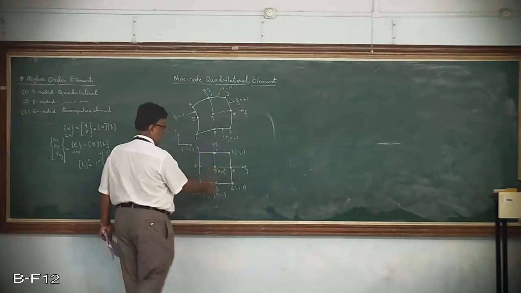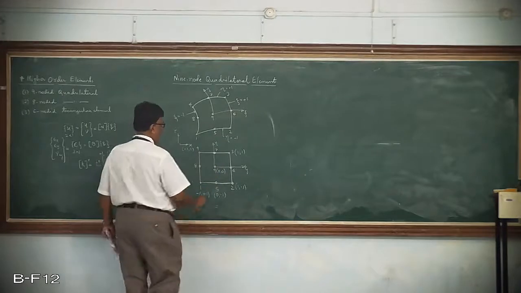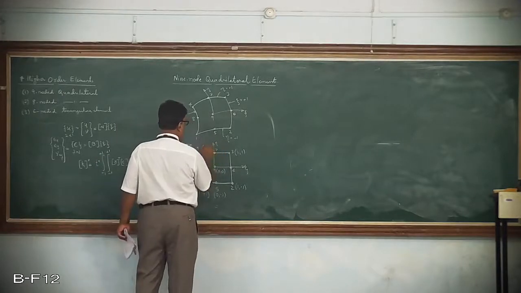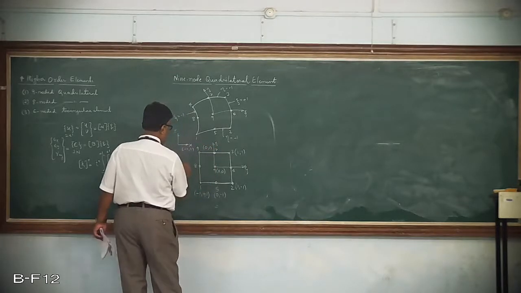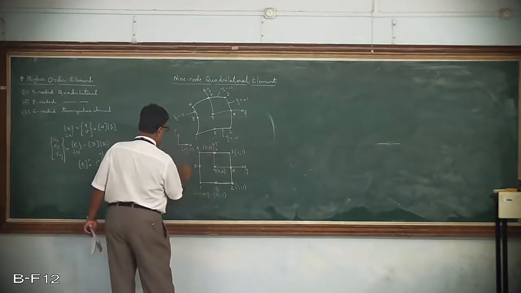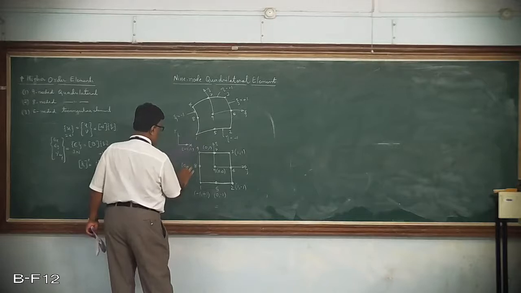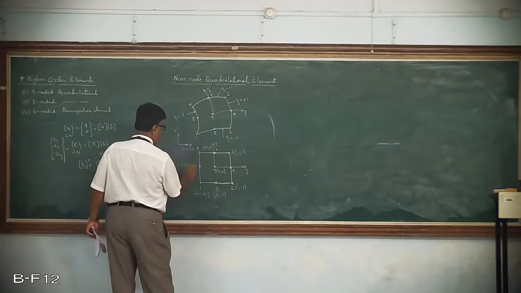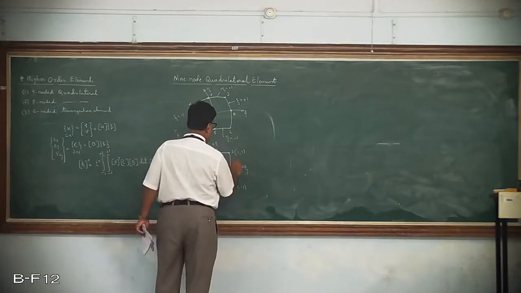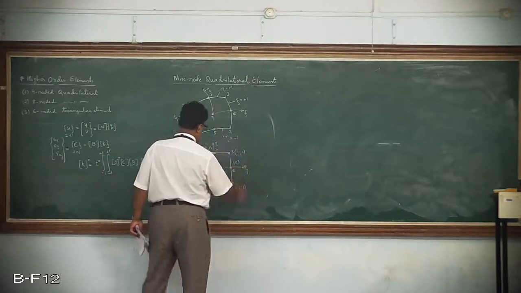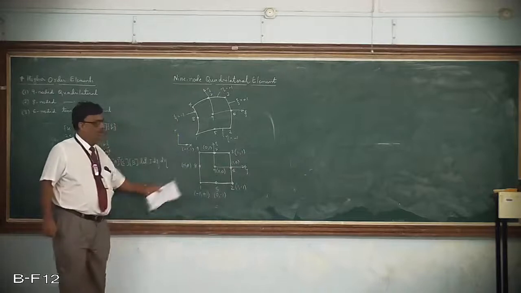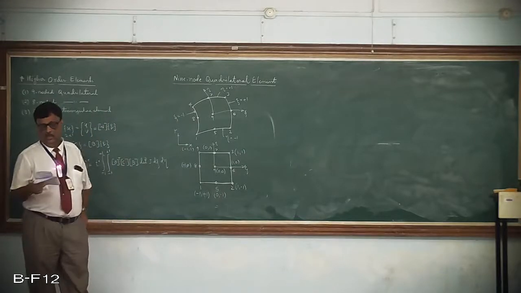And this is going to be 0, +1. And what about this? This is on this one. It is -1, 0 here. Here it is 1, 0 now. So these are the coordinates of these 9 points.